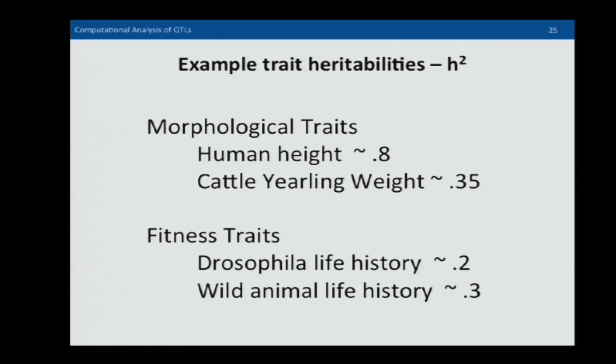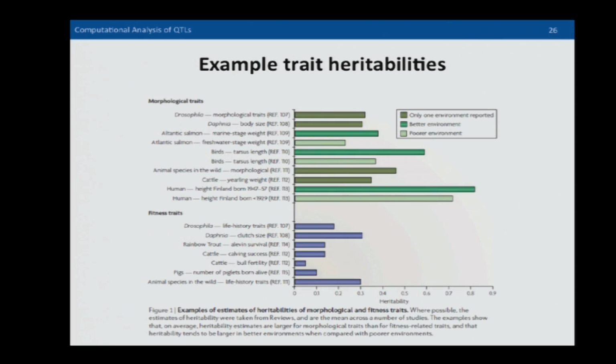And for those ranchers out there in the audience, you'll be happy to know that cattle yearling weight has heritability of about 0.35. Now, things like life history, which are fitness traits, are less heritable, which would suggest looking at how long your parents lived and trying to estimate how long you're going to live is not as productive as looking at how tall you are compared to your parents. And there's a complete table I've included in the slides for you to look at, but it's too small to read on the screen.